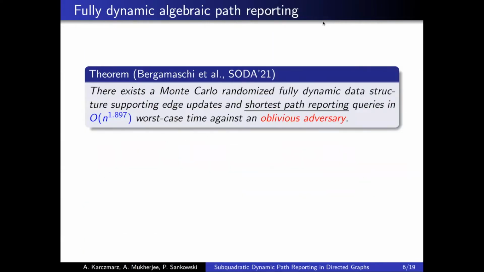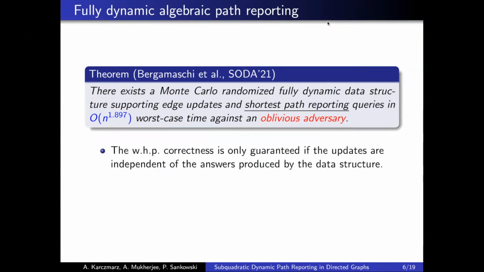Very recently, Bergamaschi et al. have shown that there exists a Monte Carlo randomized fully dynamic data structure that supports edge updates and shortest path reporting queries in order n to the 1.897 worst case time against an oblivious adversary.